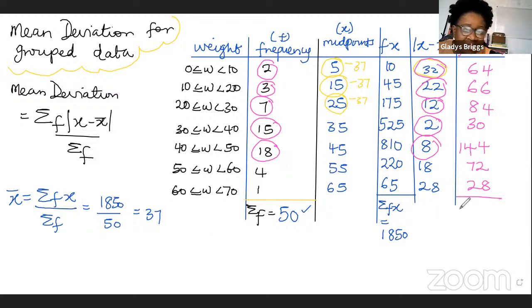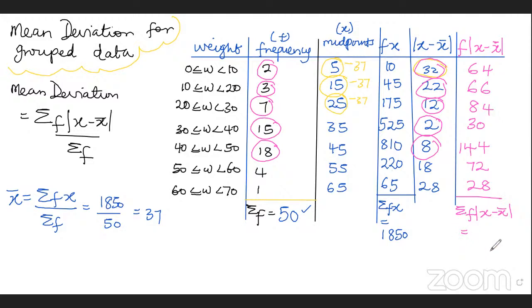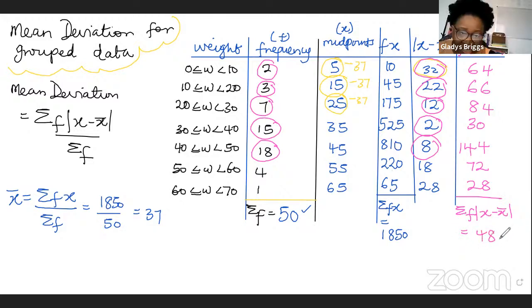Now we need to work out sigma f times x minus x bar. What's the total here? 488. Wow, that was very fast of you.